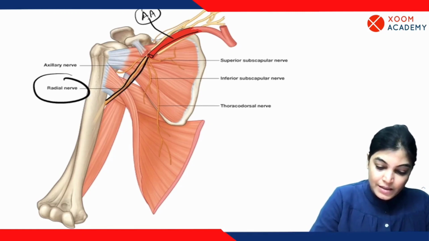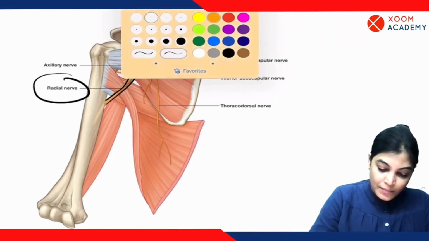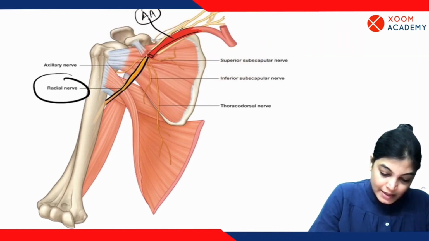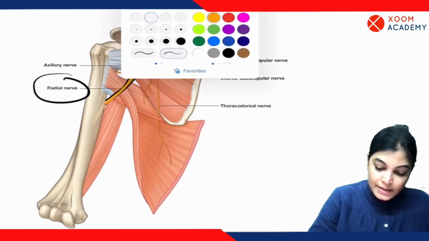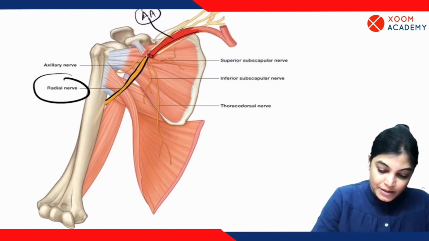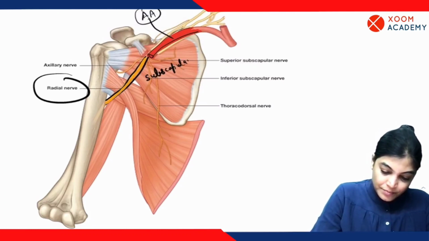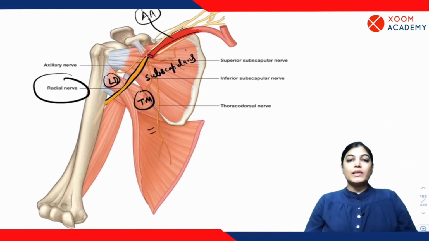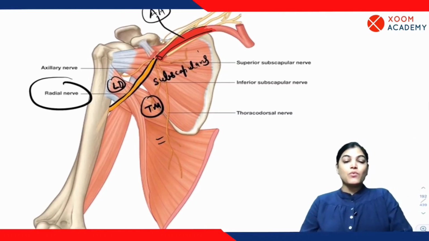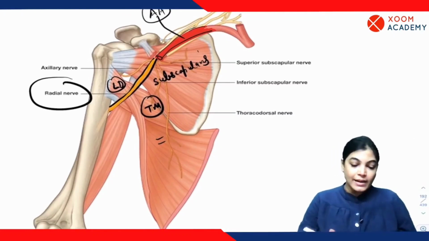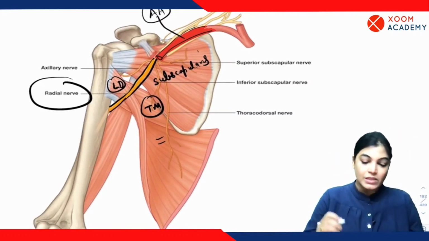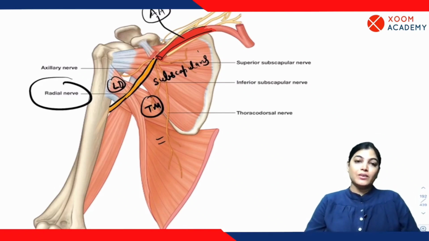This is the radial nerve, and it is traversing anterior to which muscles? It is lying anterior to the subscapularis muscle, TM for teres major and LD for latissimus dorsi. So you can see the muscles forming the posterior wall of the axilla, and superficial to the posterior wall of the axilla the radial nerve is running.